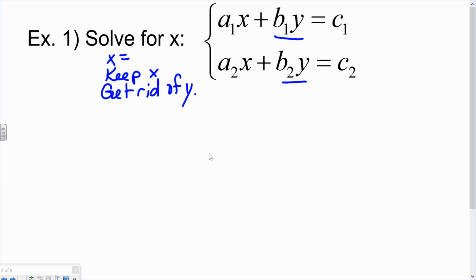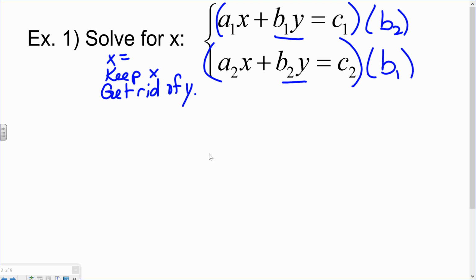When I do elimination, I need to end up with the GCF in front for those two coefficients. So my GCF is going to be b1 b2 times y. So that means I need to multiply my top one by b2 and my bottom one by b1, but one of them is going to need to be plus and one of them is going to be minus.